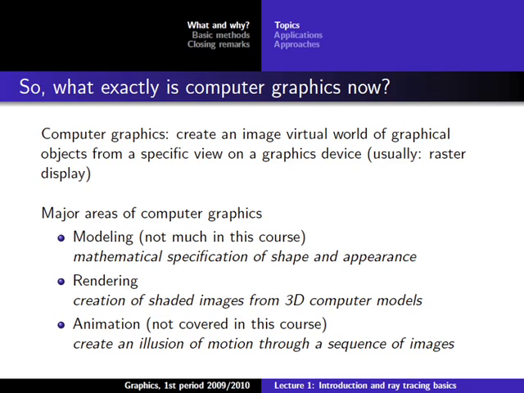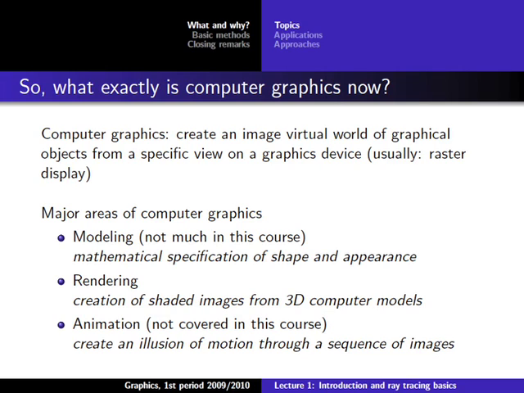So the idea is to create an image of a virtual world or virtual scene of some graphical 3D objects from a specific view on a computer screen or a graphics device, usually a raster display like we have on normal computers. So we have a complex 3D scene, and we want to show a 2D image of that 3D scene on the screen.